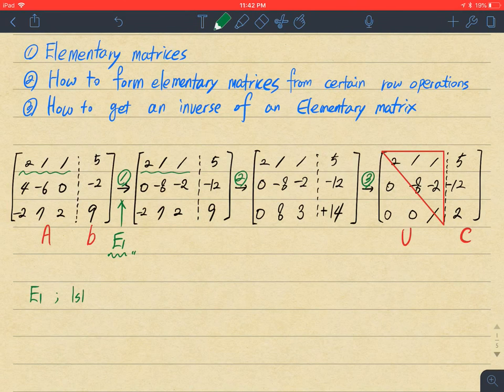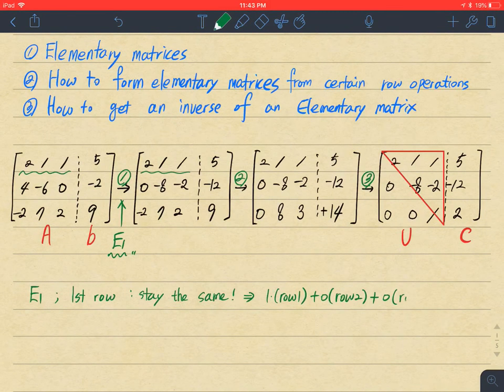The first row stays the same. So that means E1 wants one of the first row, none of the second row, and also none of the third row, right?